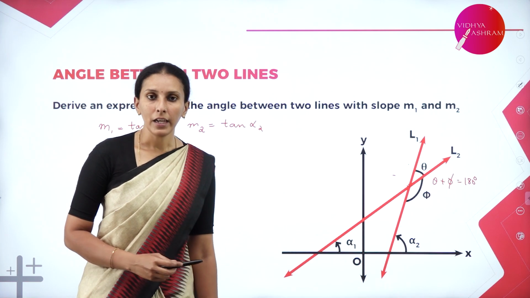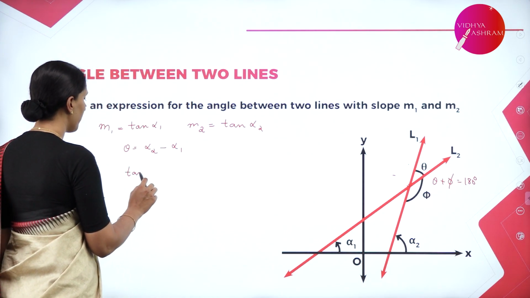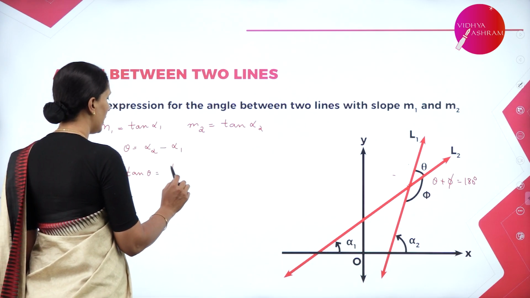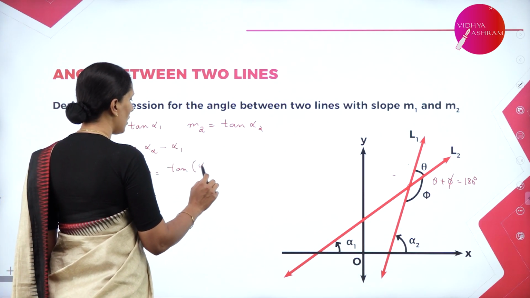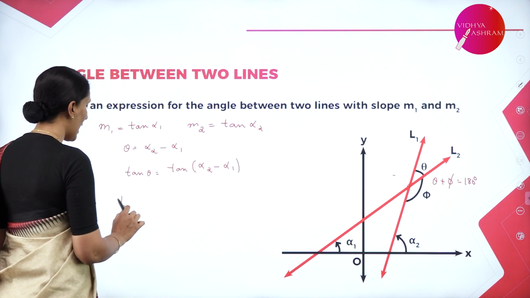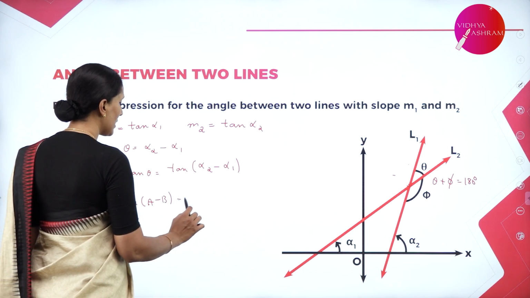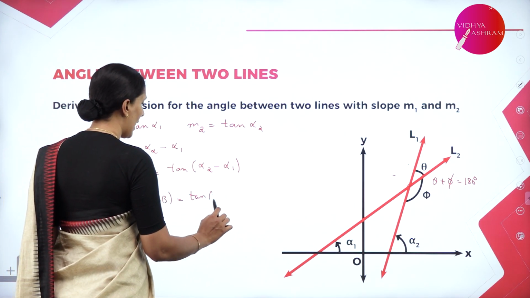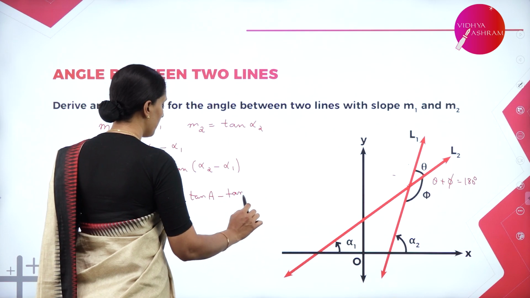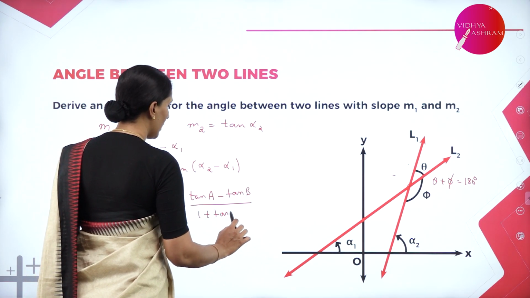Now I'll apply tan on both sides. Then tan theta is equal to tan of alpha 2 minus alpha 1. Using the tan A minus B formula, what is tan A minus B? Tan A minus B is tan A minus tan B divided by 1 plus tan A tan B.